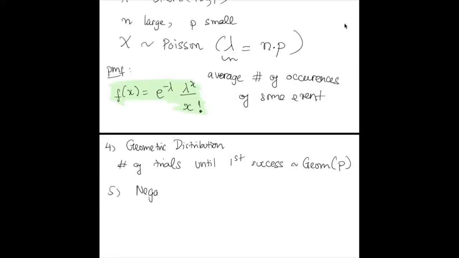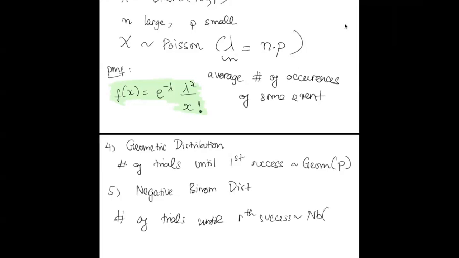And closely related to it is negative binomial distribution. There is a number of trials until the rth success. We say that it follows a negative binomial distribution with parameter r and p.